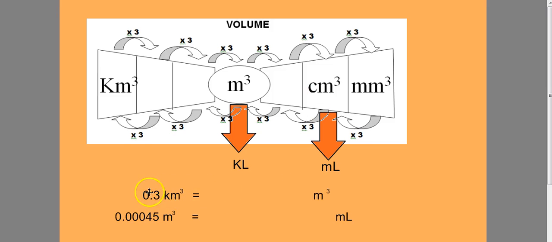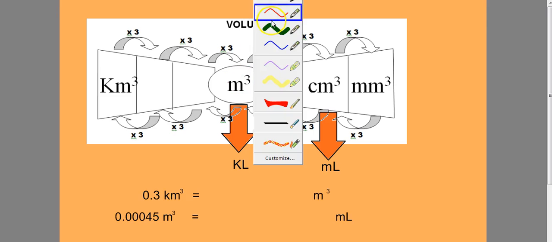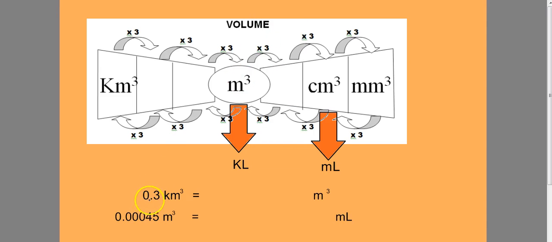Let's have a look at what happens here. We're changing kilometers cubed into meters cubed. Here's kilometers cubed, here's meters cubed, and we're going to go not 1, 2, 3, but 3, 6, 9. 9 jumps of the decimal point, my goodness. So 1, and then 8 more. 1, 2, 3, 4, 5, 6, 7, 8.